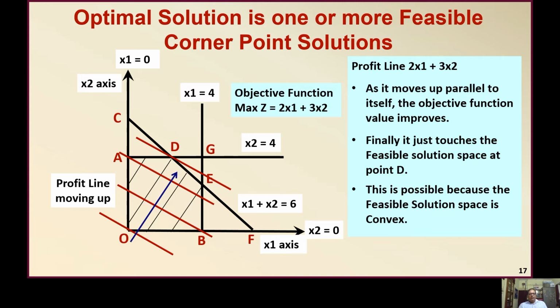Say, for example, that point B, we know this point is (4, 0). If the profit line goes through point B, then the profit at that point is 2x1 plus 3x2 with x1 equal to 4, x2 equal to 0, which gives a value of 8. So the total profit has to be 8.